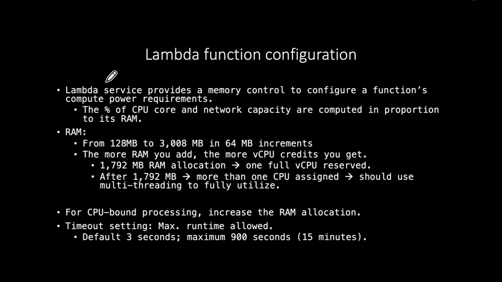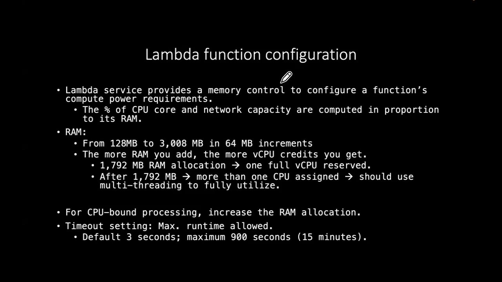So the Lambda service provides a memory, or RAM, configuration. You just specify how much RAM you think your function will need, and you can fine tune that. We won't be looking at that, to be honest, but in a production environment, you certainly would. The more RAM you request, the more CPU power and network bandwidth are available to your function.